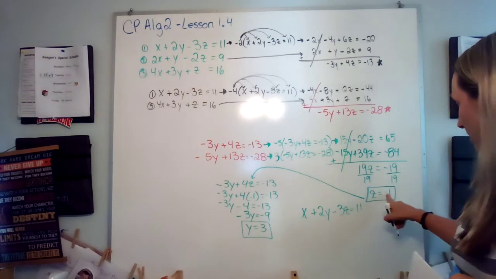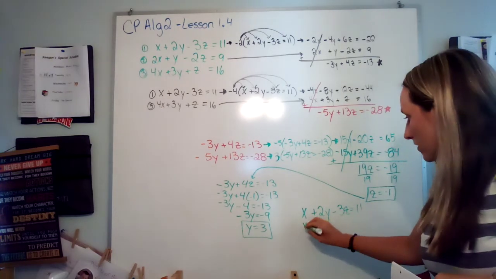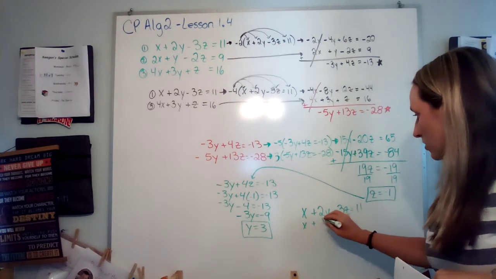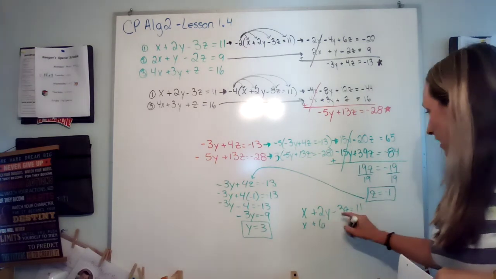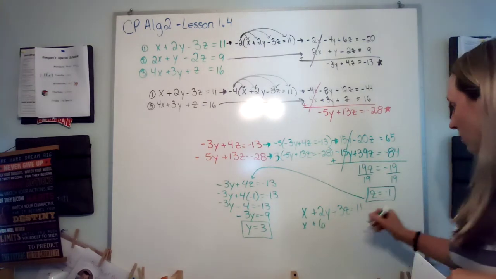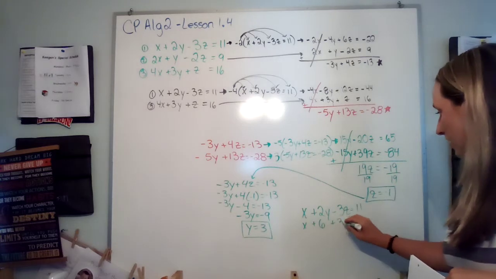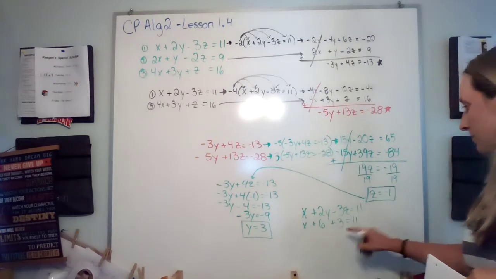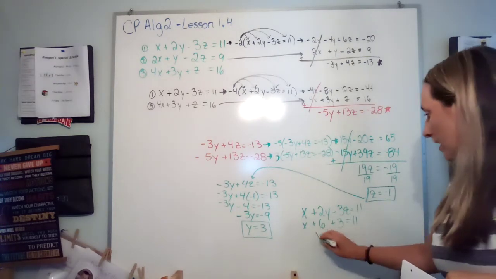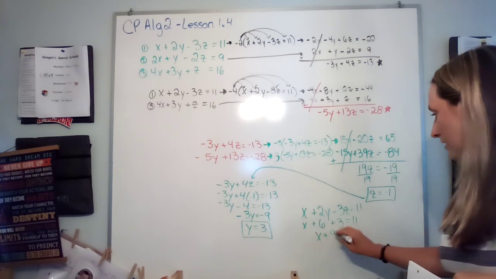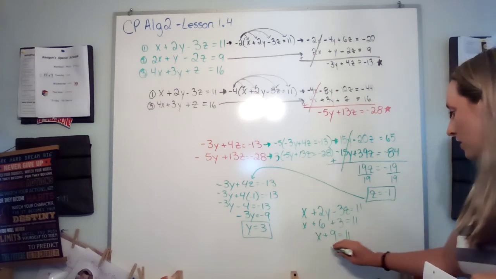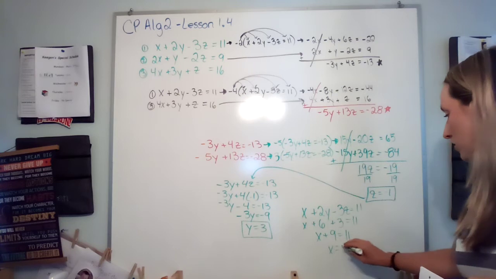My y is 3, my z is negative 1. So it's x plus 2 times 3 is 6. And then negative 3 and negative 1 multiplied together is a positive 3 equals 11. 6 and 3 gives you 9. So x plus 9 equals 11. So x is equal to 2.